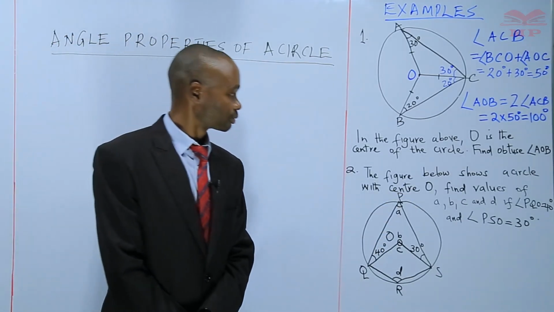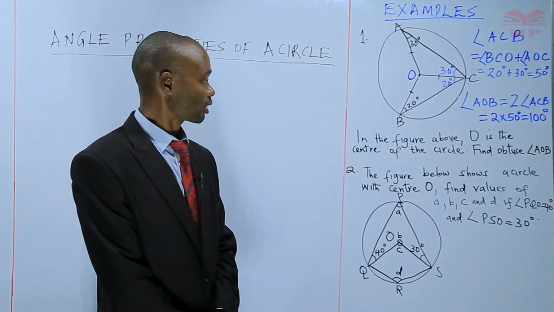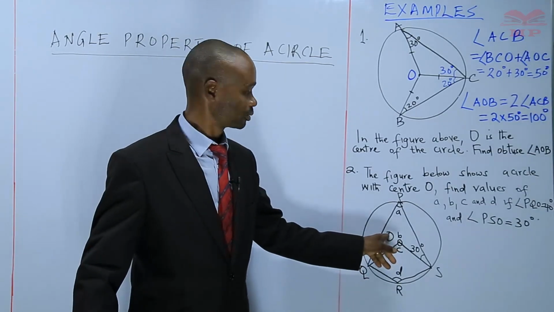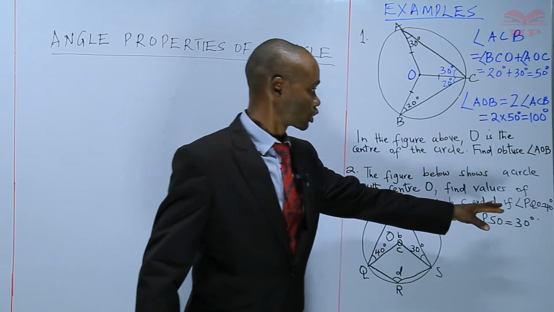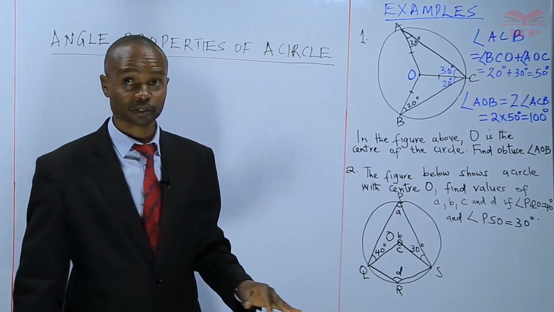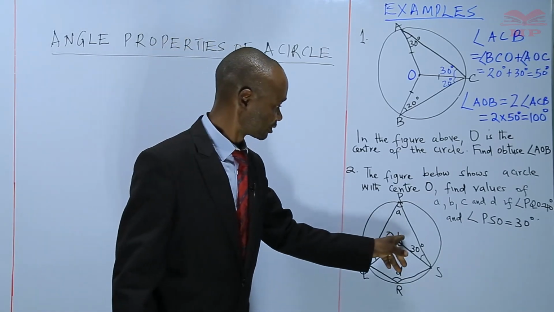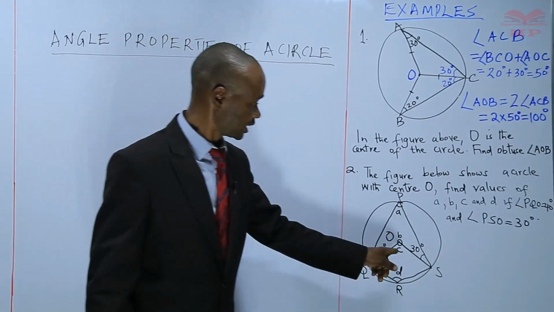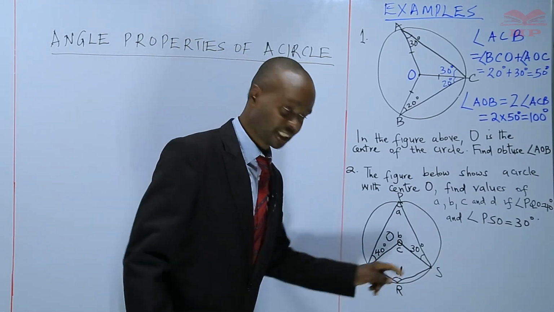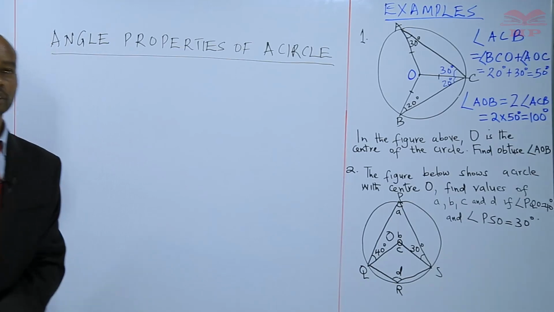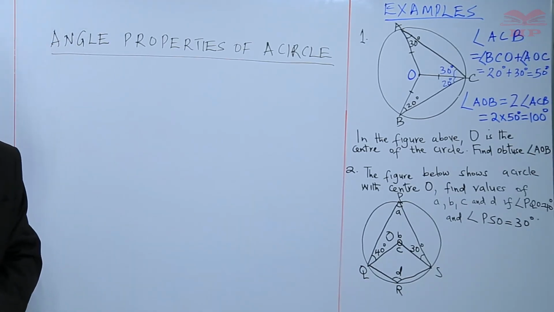They are telling you the figure below shows a circle with the center O. A circle should always have a center. Find the values of angles A, B, C, and D. So if you look at the second question, it's slightly related to the first one.